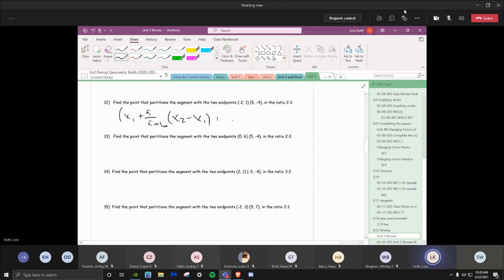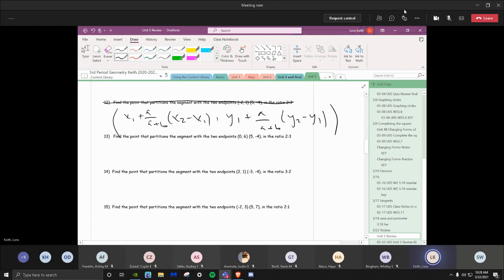And then y1 plus a over a plus b times y2 minus y1. So this formula always works, so always use this formula. There's another one that I gave y'all at one point, but that one has certain things that it doesn't work with, so just make sure you're always using this formula. Okay, so ignore that. We're just doing 13.